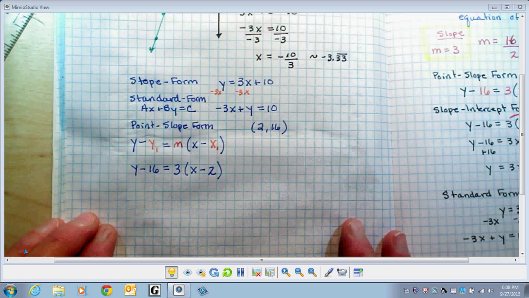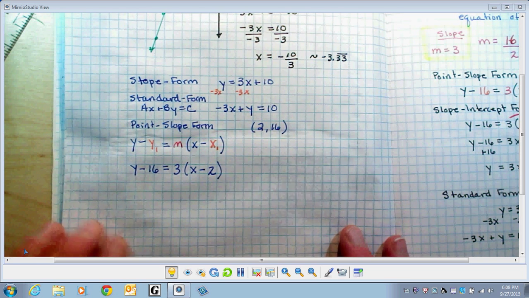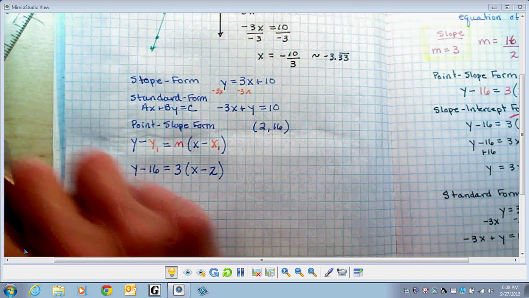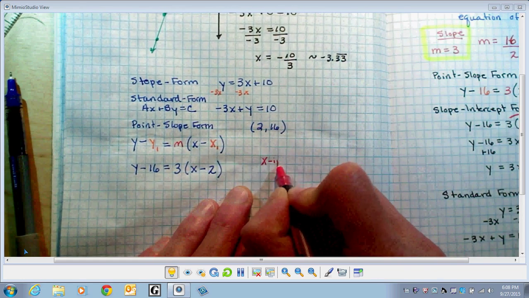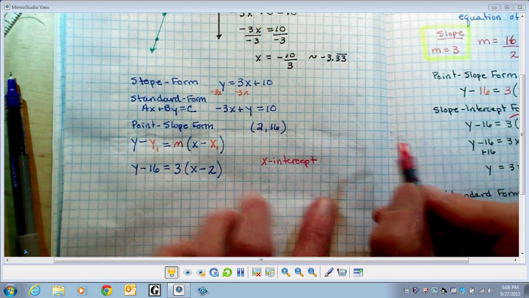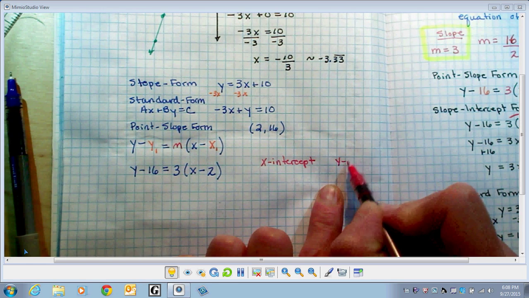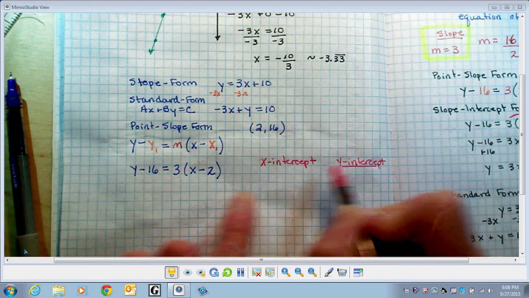Done. Okay, so the last thing I need to do is find my y-intercept and my x-intercept. So remember, I'm going to do this in red, my x-intercept and my y-intercept. I'm going to let the calculator tell me these as well.